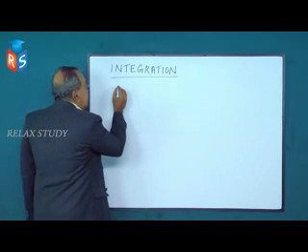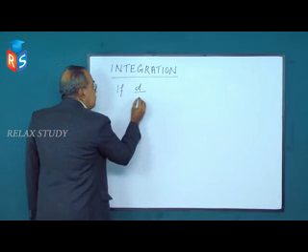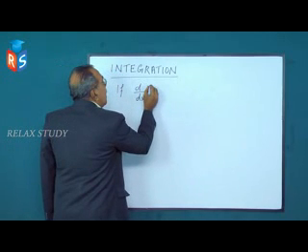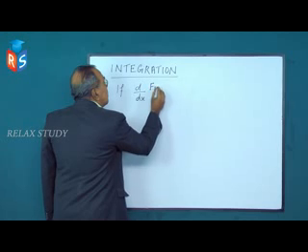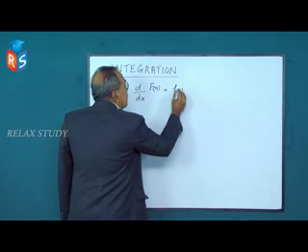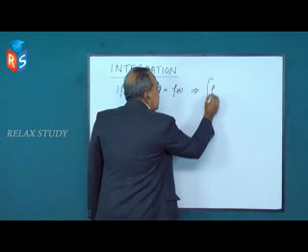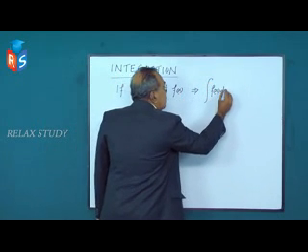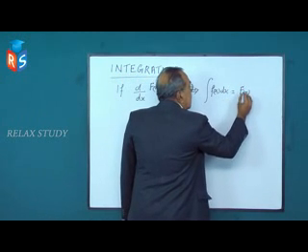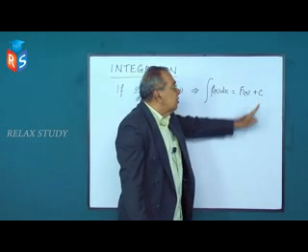For example, if d by dx of capital Fx is equal to small fx, then the integral of fx dx is equal to capital Fx plus c, because d by dx of c, a constant, is 0.